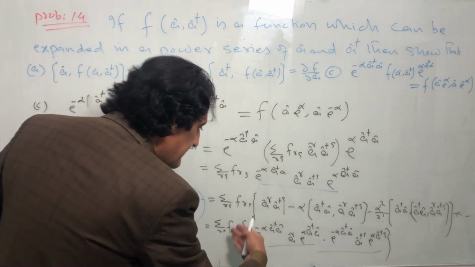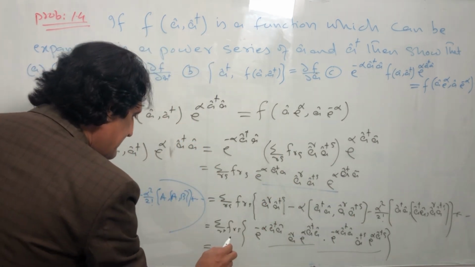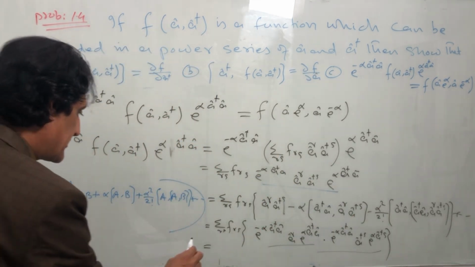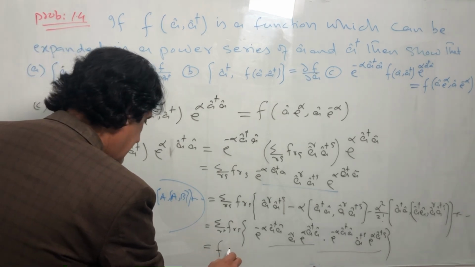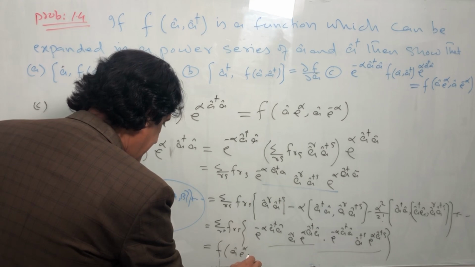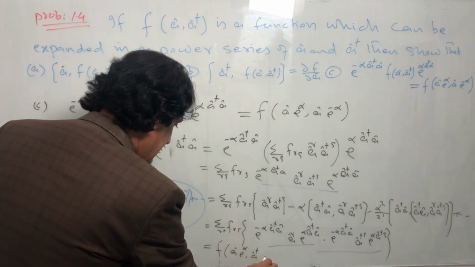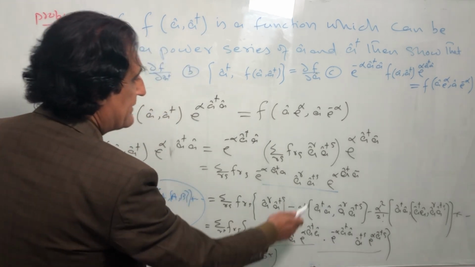And finally, this is a function of a and a dagger. It means that this is a function of a e to the power alpha and a dagger e to the power minus alpha.